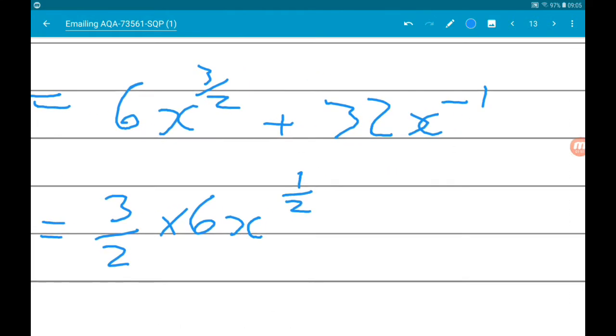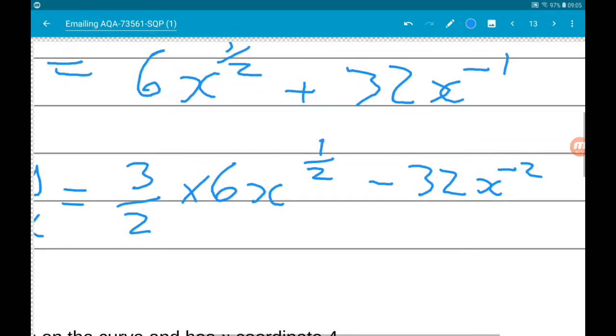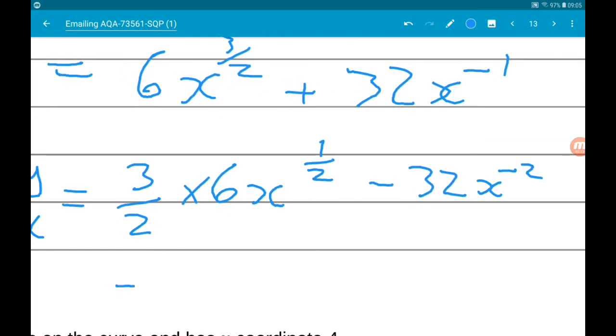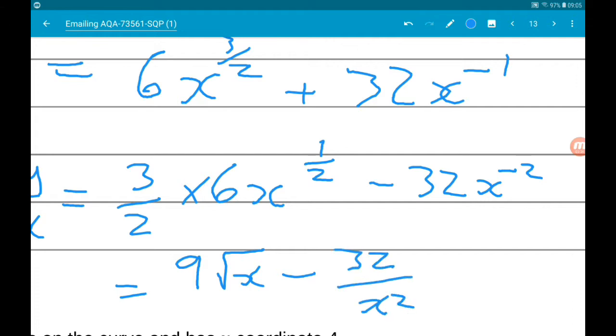And then 32x to the minus 1, well, the minus 1 comes down, so that gives us minus 32x to the minus 2. So 3 halves times 6 is 18 over 2, so that's going to give us 9 root x minus 32 over x squared. Cool.